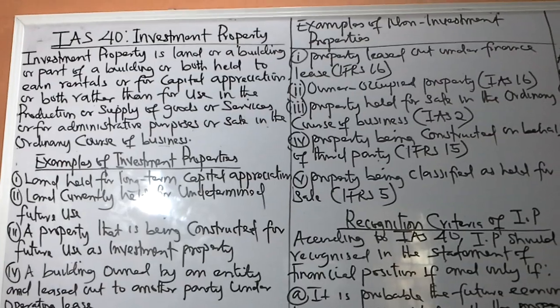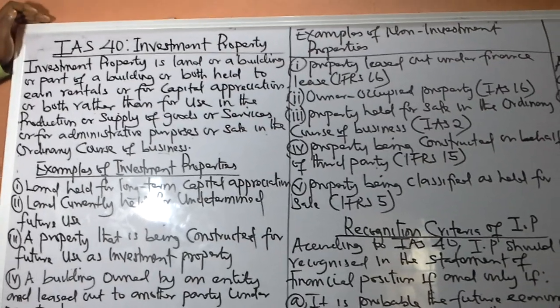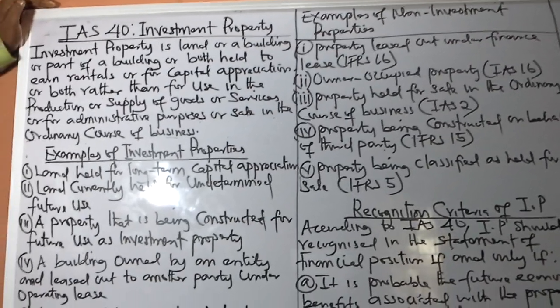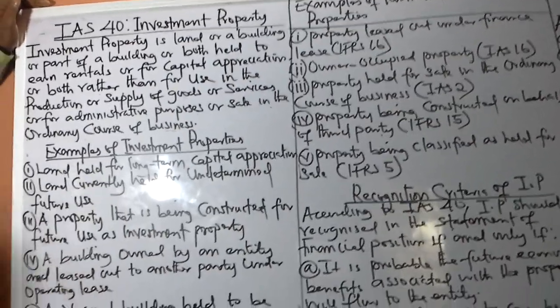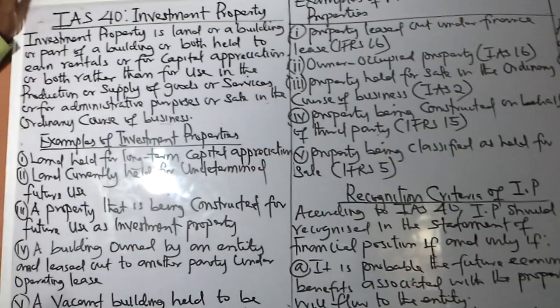Now, straight to the business now. What is investment property? Investment property is governed by IAS 40. Is that clear?